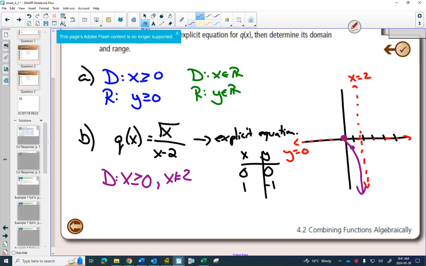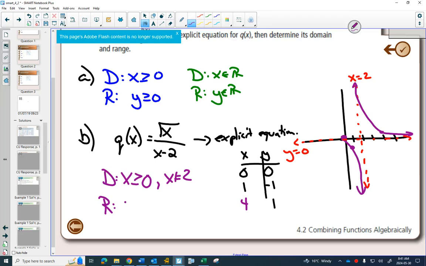If I plug in 3, what am I going to get? Well, maybe I'll plug in 4 because it's a nicer number. Square root of 4 is 2. I'd have the point 4, 1. And towards the asymptote it would end up like this.